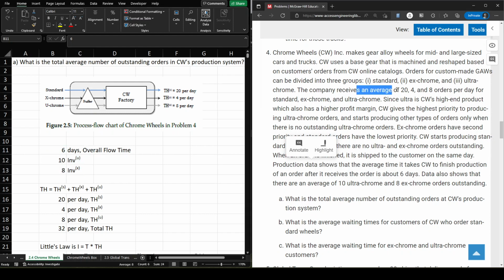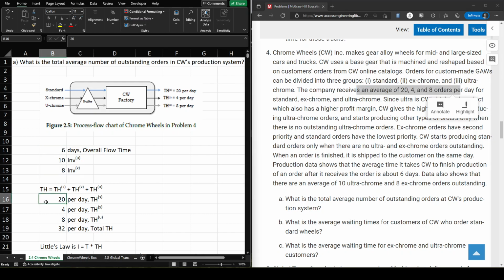It also gives us an average of orders per day for each one of these. Orders per day, we are going to equate with throughput. So if we have 20 orders a day, then that is our throughput of the standard Chrome.